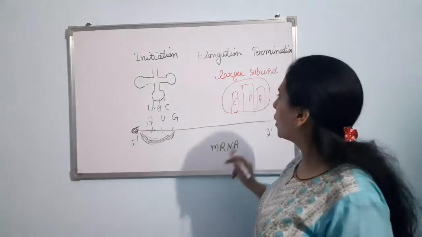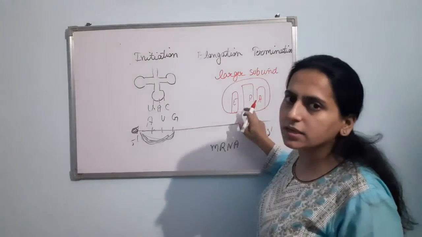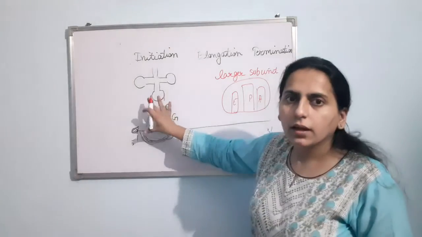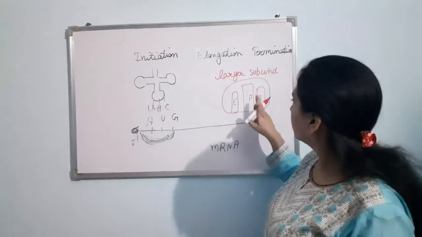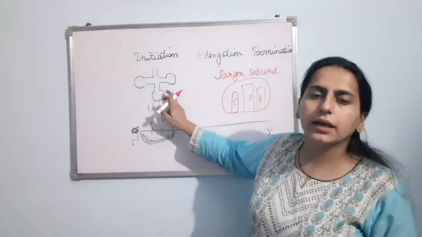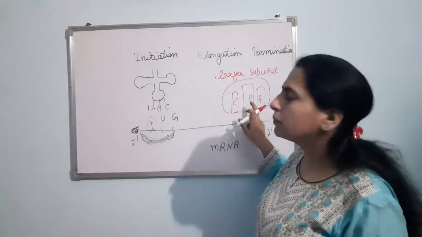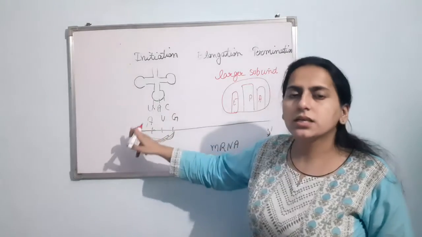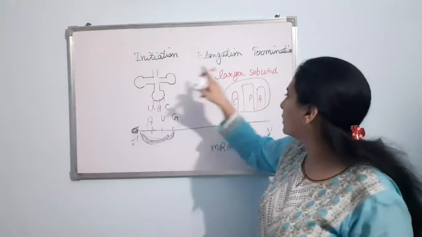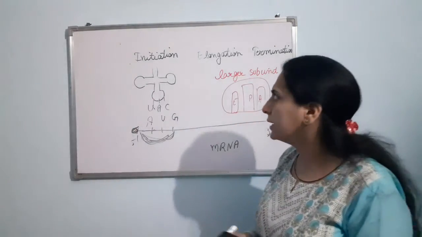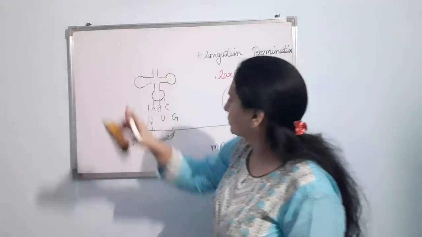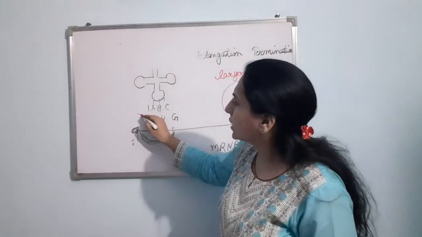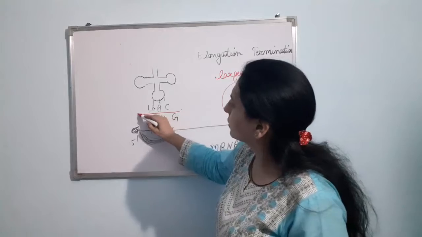Is it fine? Now, this larger subunit will fit here in such a manner that this charged tRNA will come in the P site. Let me make it. This is the larger subunit. Just see here.